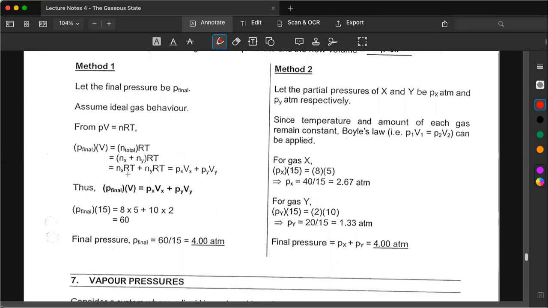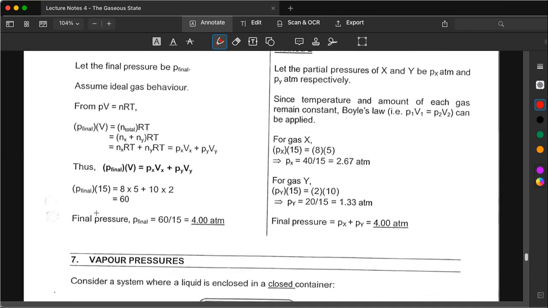So you split up nx plus ny, which is nRT plus nRT for x and y respectively, which is the same as PV plus PV. So this nRT is equal to PV. So you just equate these two, and this is the equation.